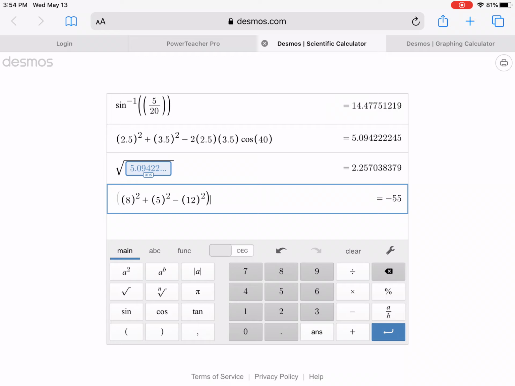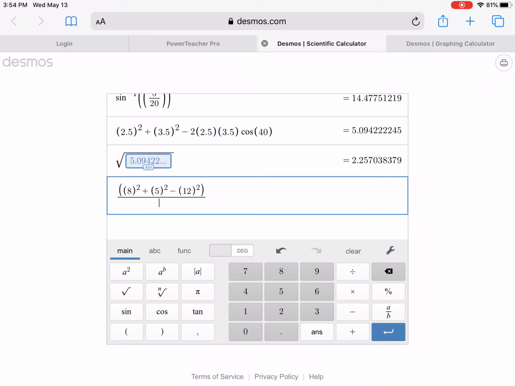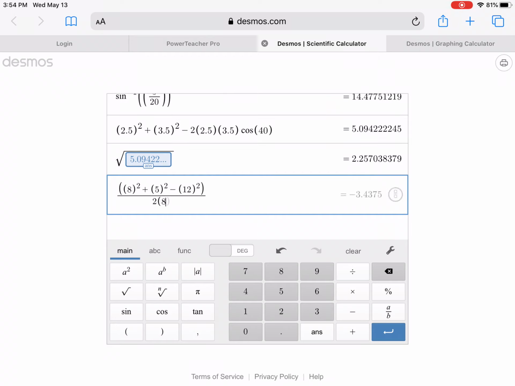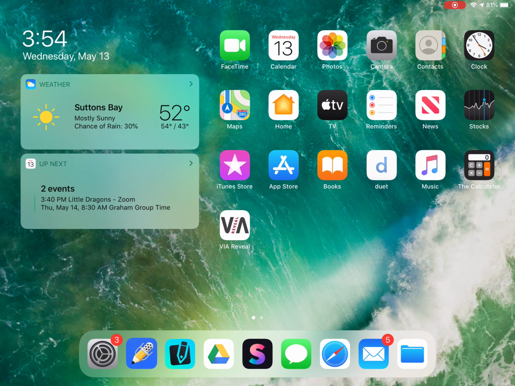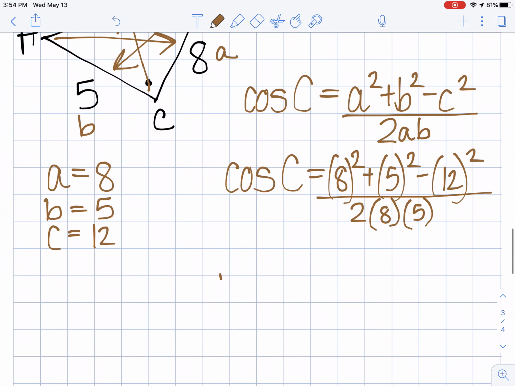And I'm going to put parentheses around all of it, so when I divide, the whole thing is being divided. 2 times 8 times 5. Okay, so now I have this decimal, negative 0.6875. Cosine of C is equal to negative 0.6875.